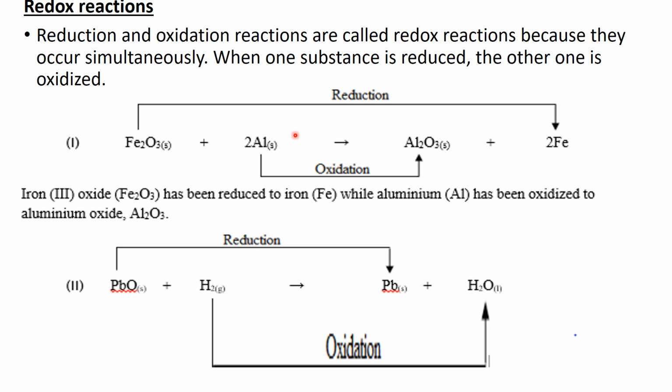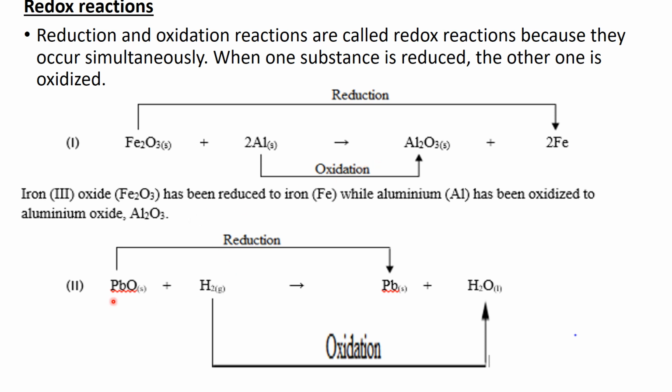In this one, we can see that iron has oxygen, and after the end of the reaction it is without oxygen, so it has been reduced. On the other hand, aluminium doesn't have oxygen, then it has oxygen, so it has been oxidized. So this is a redox reaction because it involves both reduction and oxidation.